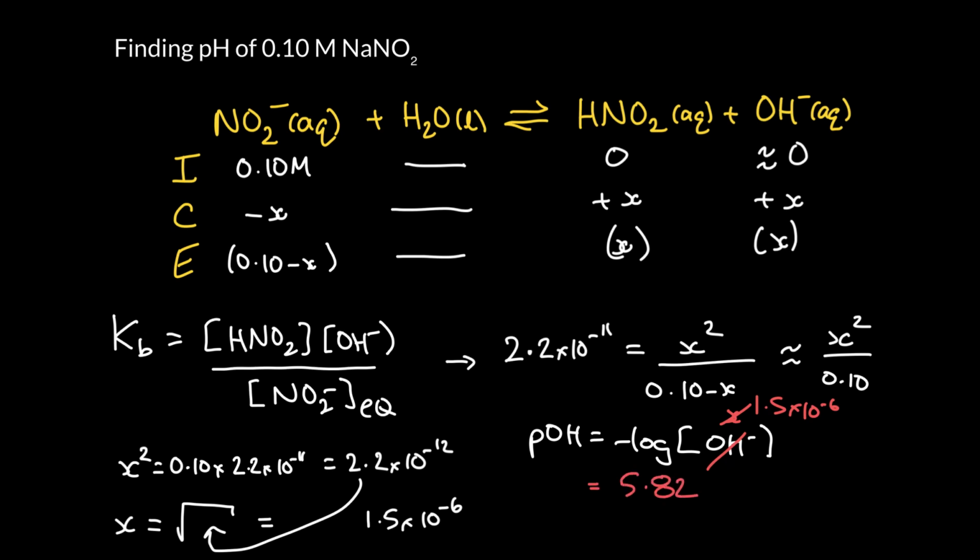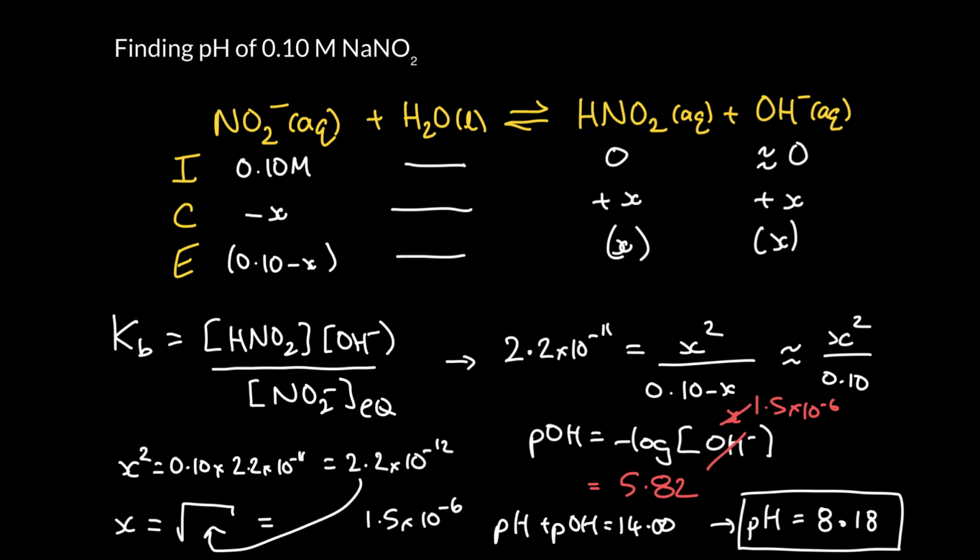Notice it's not the pH. The pH and the pOH, if you remember, add to 14 at room temperature. So all we have to do is subtract the pOH from 14, and that gives us a pH of 8.18. Does that make sense? Well, the pH is above 7, so that's what we'd expect for a basic solution. So yeah, I suppose it makes sense.